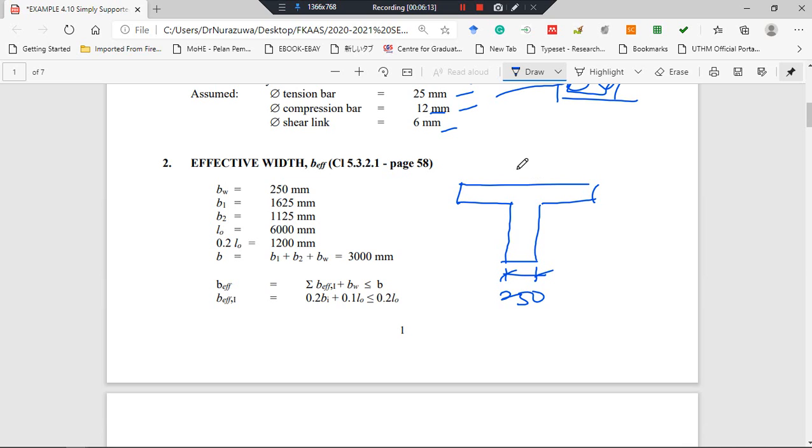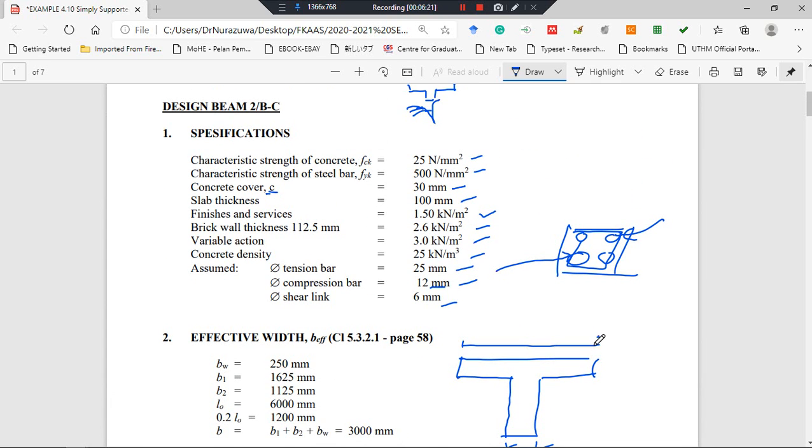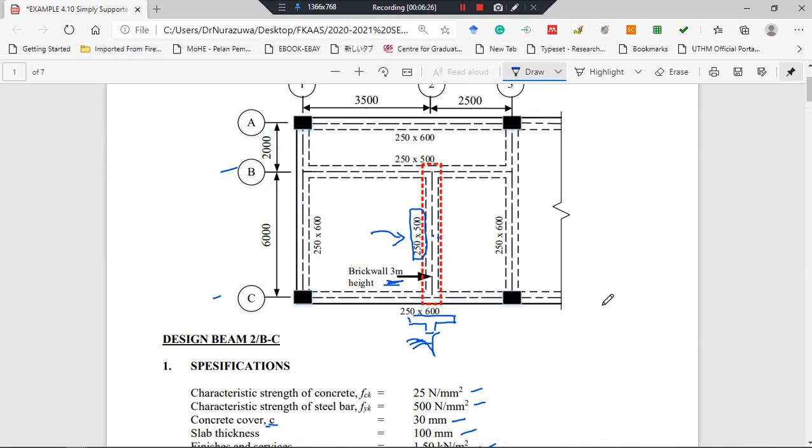The B1 here, so this is B effective. First step we need to calculate the B effective. So this is B1, from here to here. B1 is equal to 3500 divided by 2.